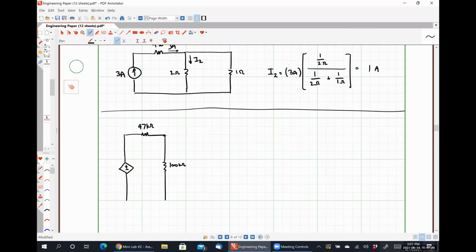Hundred kilo ohms there. 20 kilo ohms here. This voltage is 0.5 Vx. Let's say that this guy is 5 milliamps.